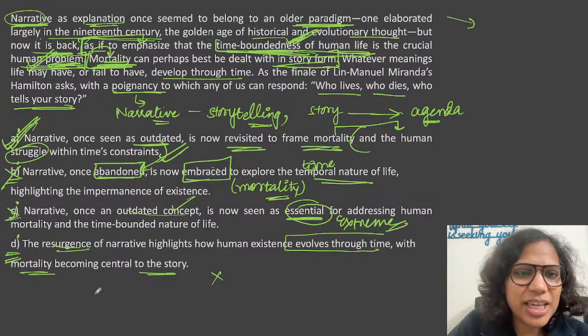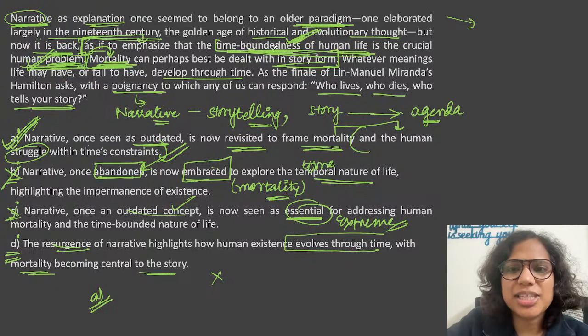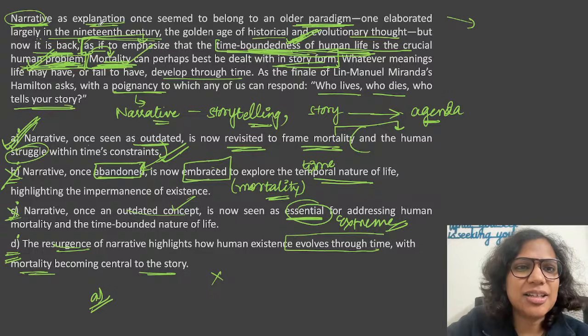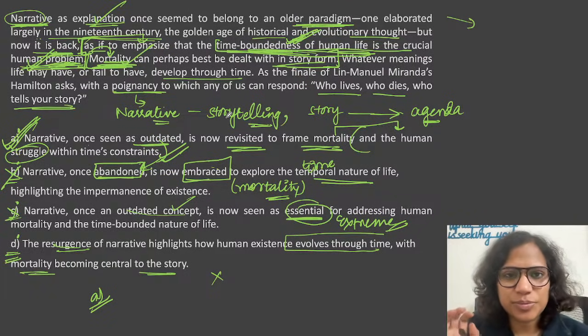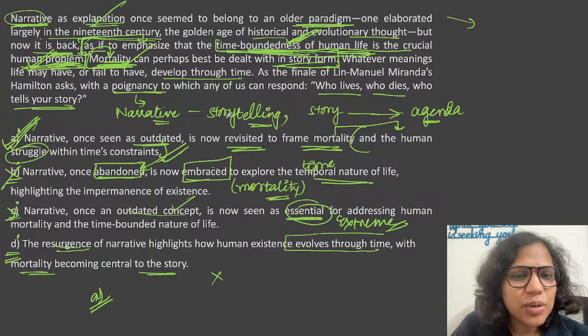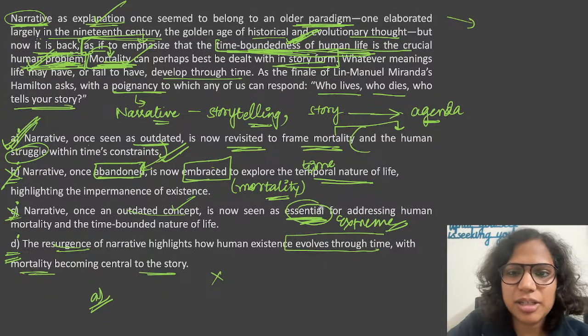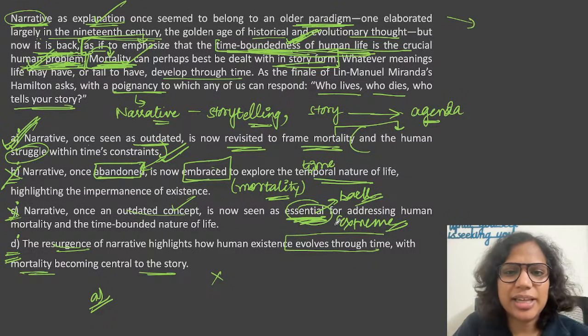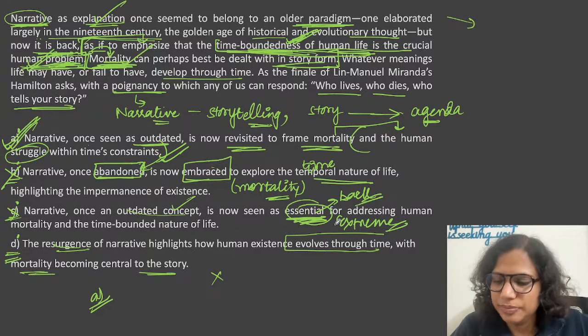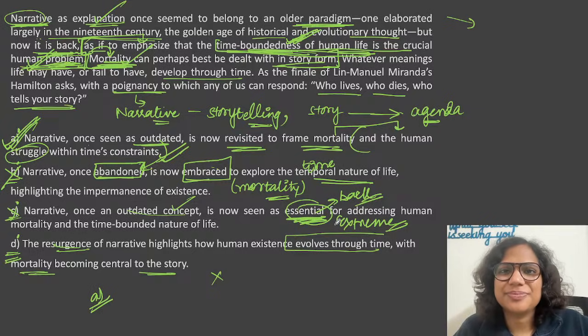So A is the best choice. It is capturing all of the ideas that are important and the flow. Why not C? देखो, is now seen as essential. It says it is now back. वो वापस आ गया है. इसका मतलब ये थोड़ी है कि वो essential है. Now seen as essential, ठीक है, essential word यहाँ पे extreme था.